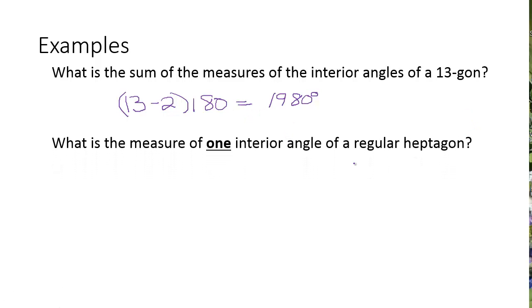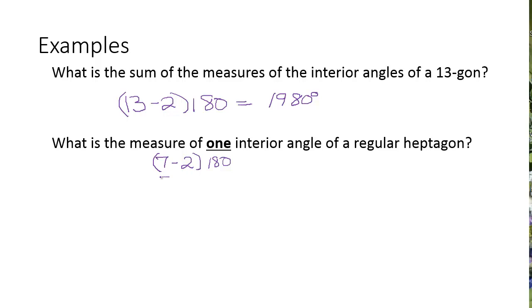The measure of one interior angle of a regular heptagon requires us to find out how much the total is for the heptagon. So 7 minus 2, hepta means 7, times 180.